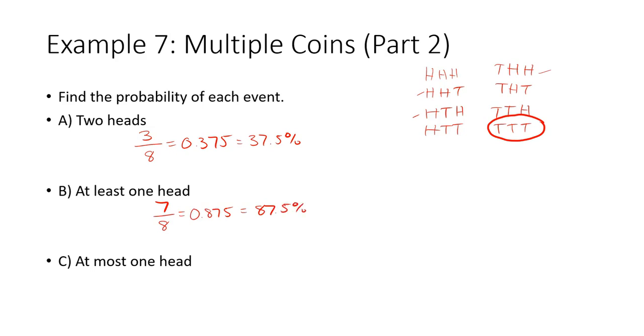And then finally, at most one head just means that it can't have 2 or 3. And so we can cross out anything that has 2 or 3 heads. And that leaves us with 1, 2, 3, 4 outcomes out of the 8, or again 50%.